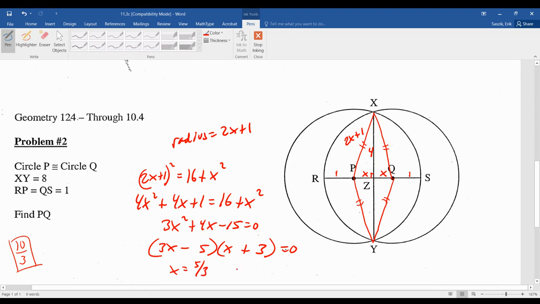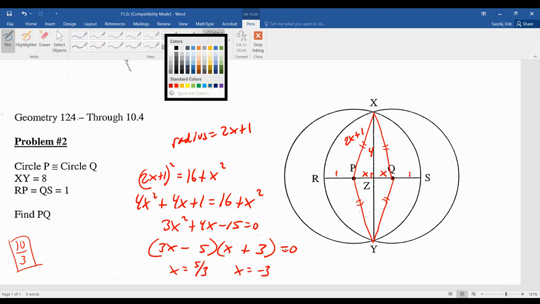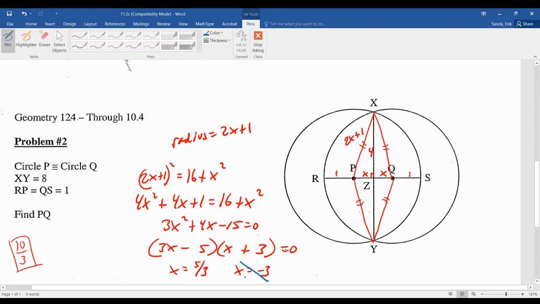X equals 5/3, x equals -3. Of course, x can't be negative in this particular problem, so that gets crossed off. So x is 5/3, okay? So that means that PQ, of course, is twice that, and that's where the answer of 10/3 came from.